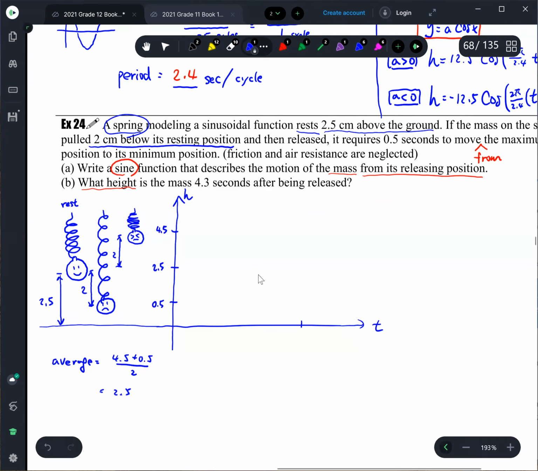If you have the period, please raise your hand. How much time does it take for this little head to go round trip? Only one person has it? What's the period?